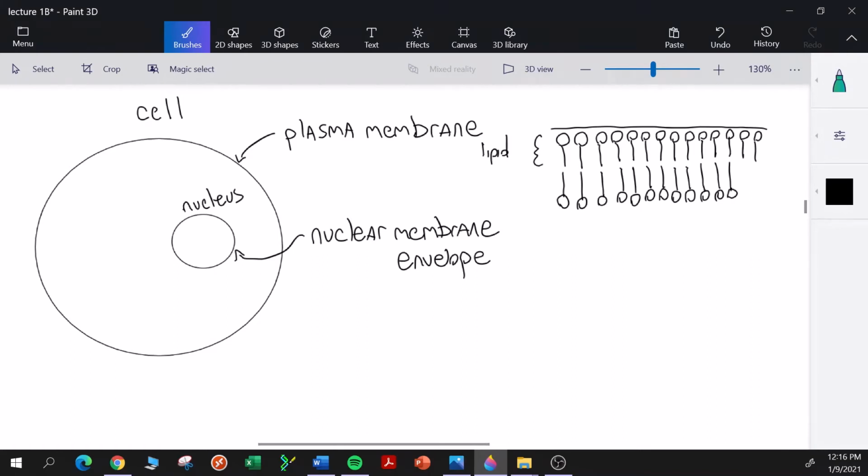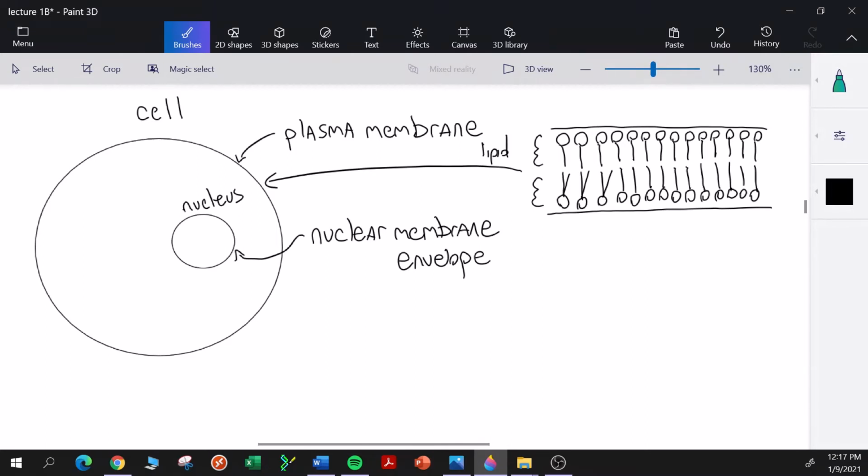Sometimes I think it's more accurate to draw these as two lines right here. But right here, this is the bilayer. We've got two layers here, and these two layers form the plasma membrane.